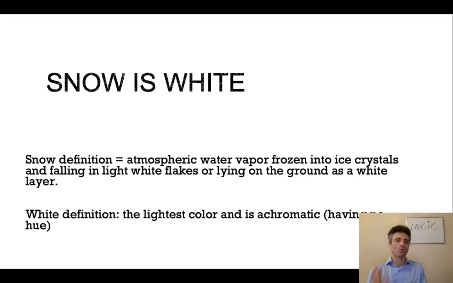In fact, the definition of white is the lightest color, and it is something achromatic. This is not the definition of snow. It's not contained in snow. So here the verb is not used as equal, because snow is not equal to white. Snow has a characteristic that is attached to it, and that is white.